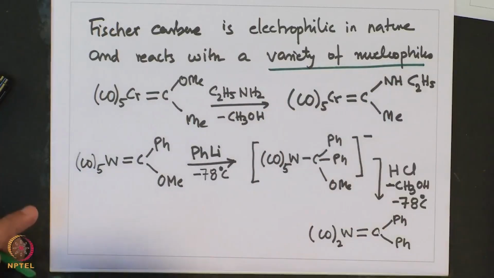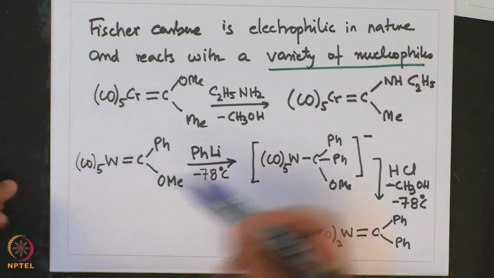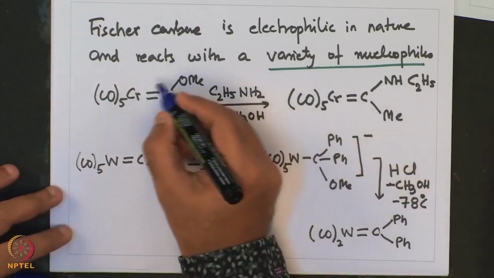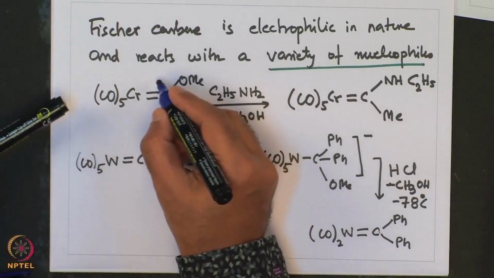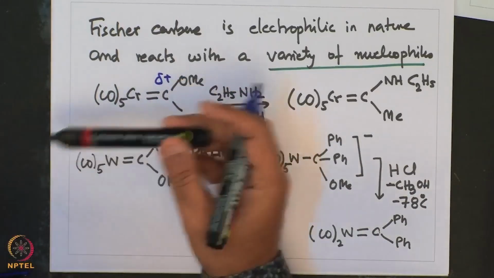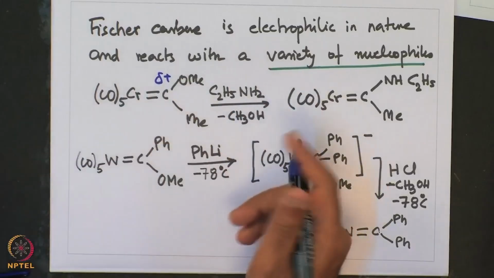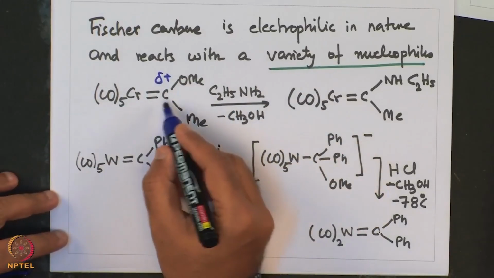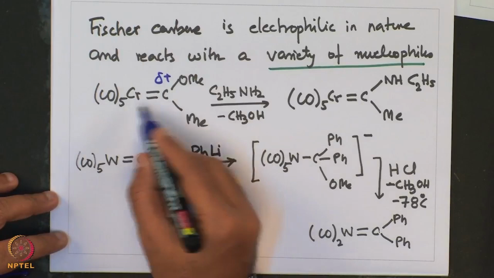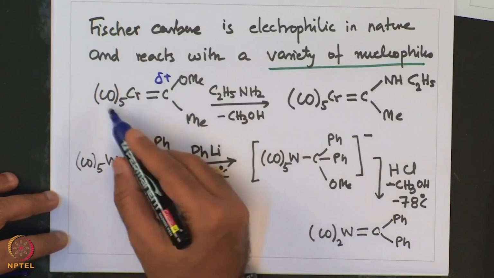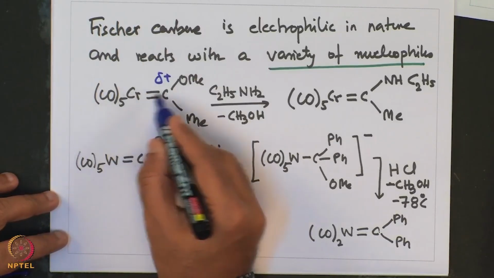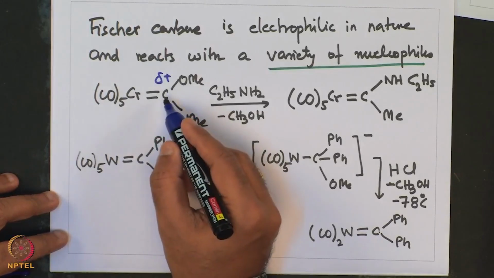Now, what is important to remember here is that the Fischer carbene reacts with a variety of nucleophiles, and this attack arises from the carbenic center being partially positively charged, because the carbene to metal sigma donation cannot be matched by metal to carbene pi back donation.